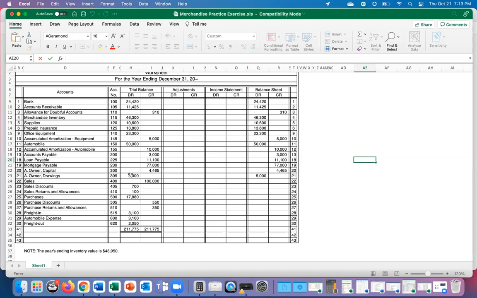Expenses and revenues, which are these here. So I'm going to copy and paste those into our income statement.